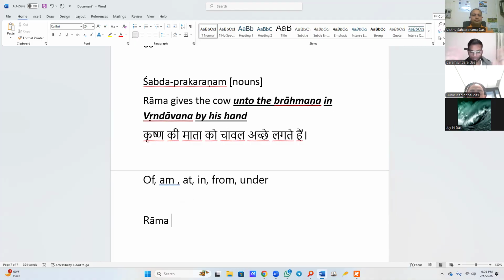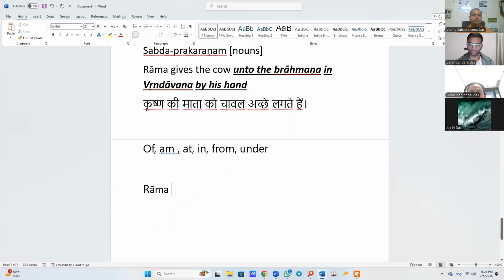Now in Sanskrit, let's say we take a proper noun, Rama. Rama just indicates the person whose name is Rama. That's all. It just tells the sangya, nothing else. Now if I say "of Rama" in English, in Sanskrit it will become Ramasya. So the meaning of the preposition is indicated by the special ending.